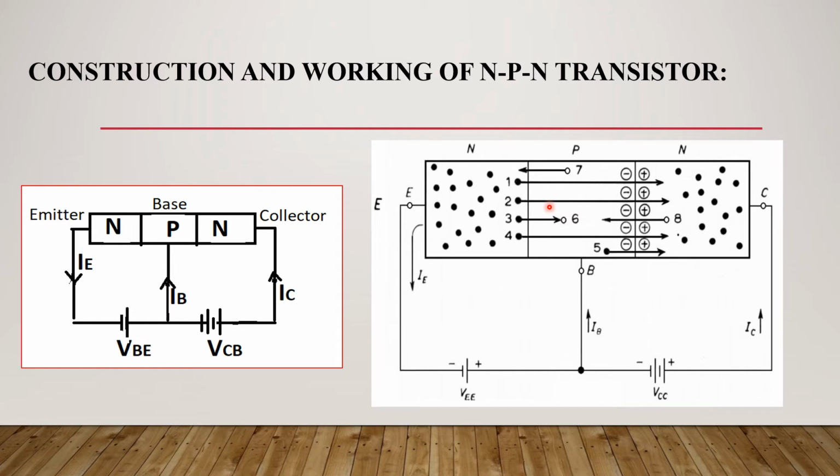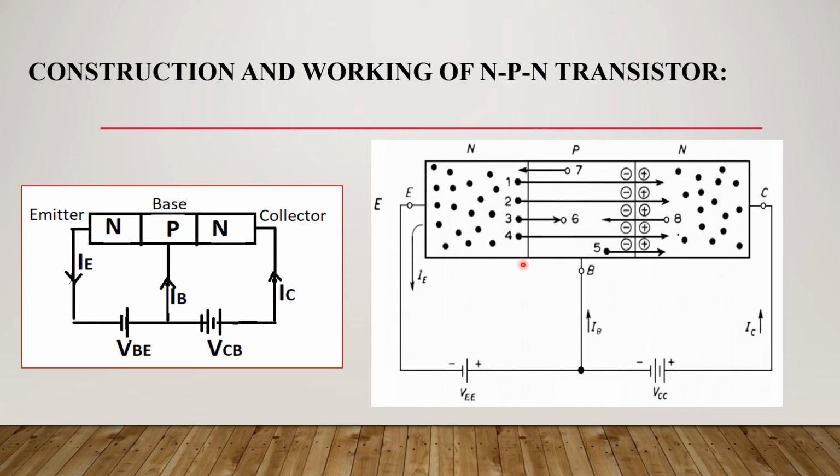Okay, and from this base, that is the P region, holes are moving towards the N region. Means a very small amount of holes are moving towards N, but a larger number of electrons are moving from N to P, isn't it? That's why we can say the total sum of this charge carrier movement constitutes the emitter current, and the emitter current is large.